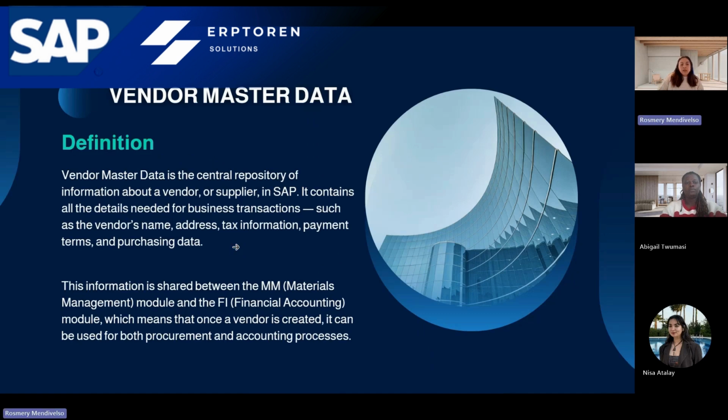But the definition is, the master data is a central repository of information about the vendor or suppliers in SAP, and it contains all the details we need for business transactions, such as vendor name, address, tax information, payment terms, purchasing data. We're gonna basically do the same we did for materials. We're gonna start doing all the settings, all the customizing for how to create a business partner.